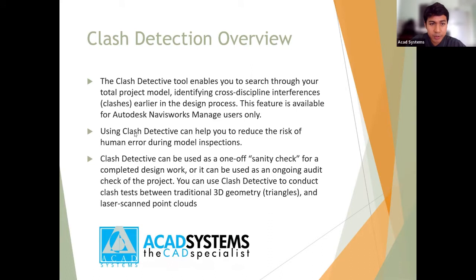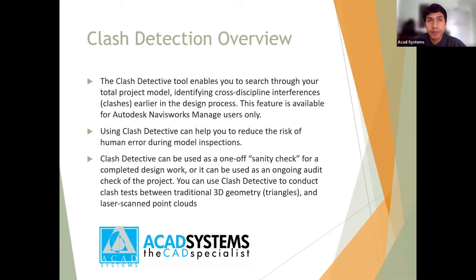Using Clash Detective can help you reduce the risk of human error during model inspection. It can be used as a sanity check for completed design work, or as an ongoing audit check of the project. You can use Clash Detective to run clashes between traditional 3D geometry, triangles, and laser scan point clouds.